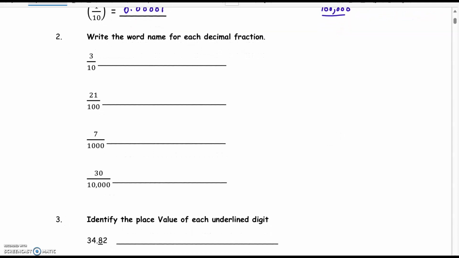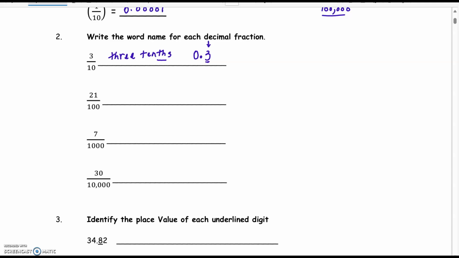So the word name is 3, and in the denominator we have a 10, so that is 3 tenths, and that is 0.3. So the 3 sits in the tenths place, which always starts with the tenths, then the hundredths, then the thousandths, and so on.